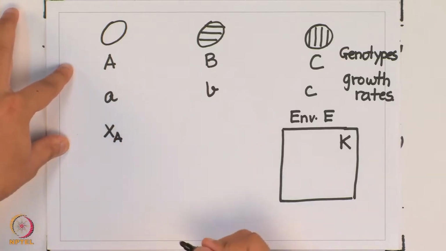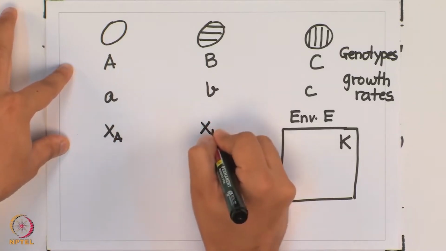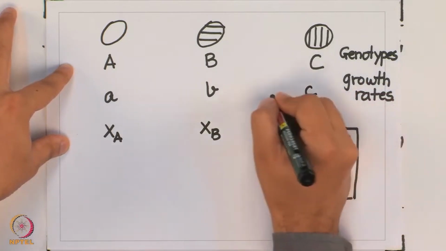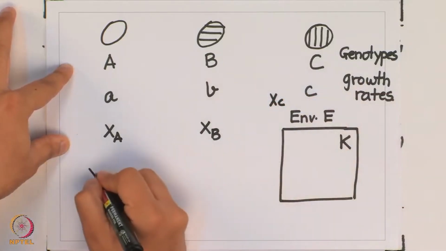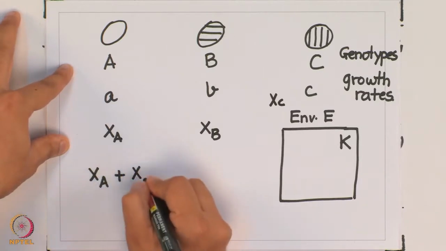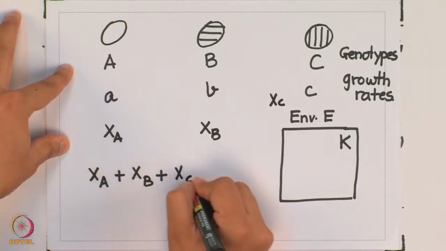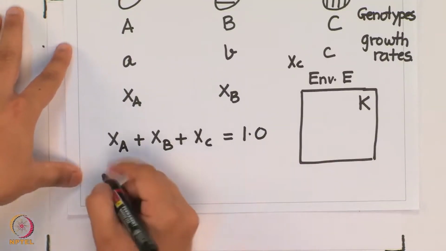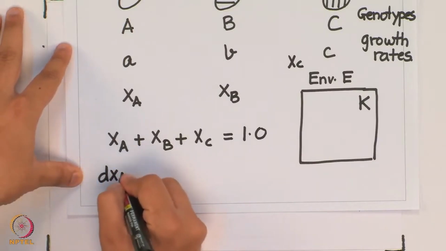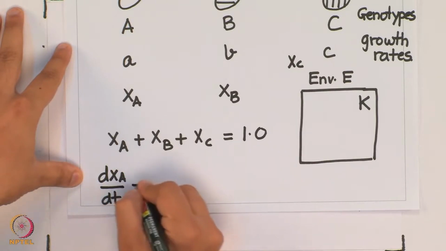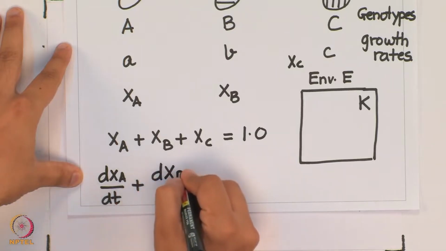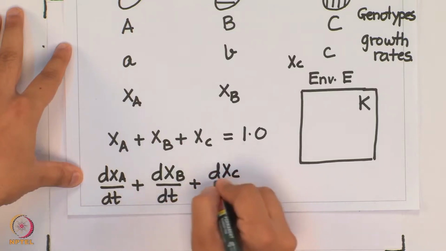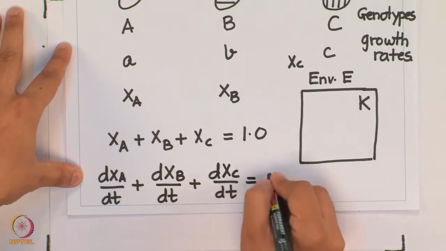The fraction of the individuals that belong to genotype B will be fraction xb, and similarly the fraction of individuals that belong to genotype C will be xc, and xa plus xb plus xc will always have to be equal to 1, and when we differentiate with respect to time, we get dxa by dt plus dxb by dt plus dxc by dt equal to 0.